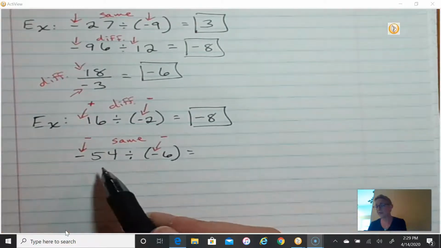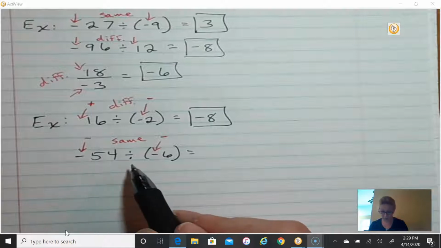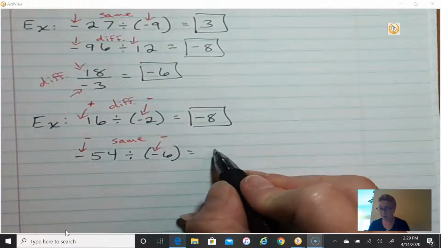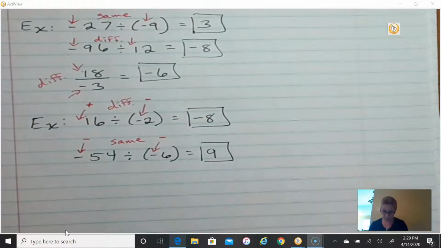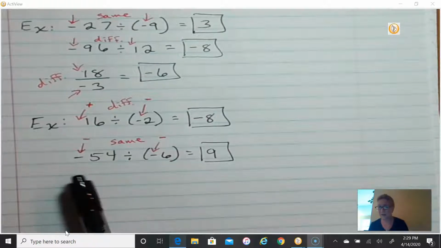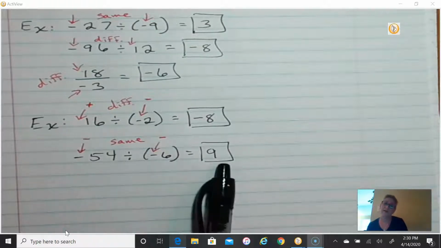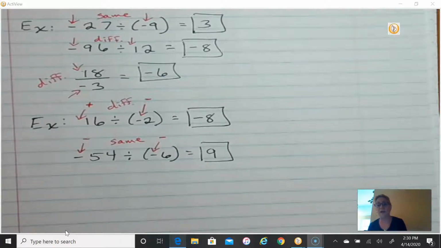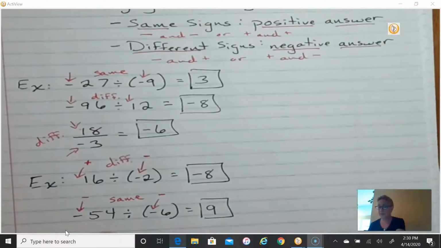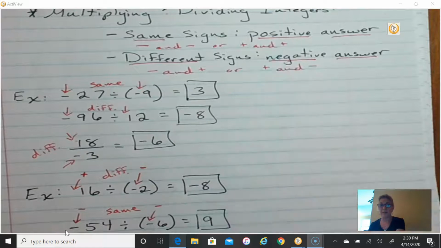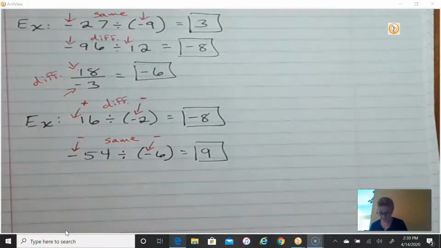Okay, so a negative 54 divided by negative 6 gives me a positive 9. Be very careful with that. That's a very common mistake with kids. Okay, they assume, oh, they're both negative, so my answer is going to be negative. Not so. When you're multiplying and dividing, if they're the same sign, even if they're negative, you will have a positive answer. Same with multiplication.